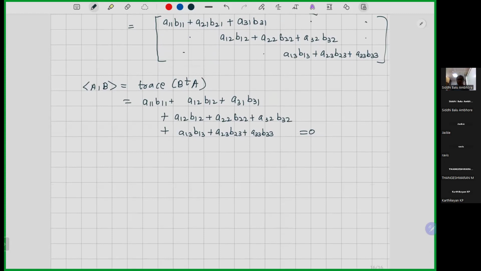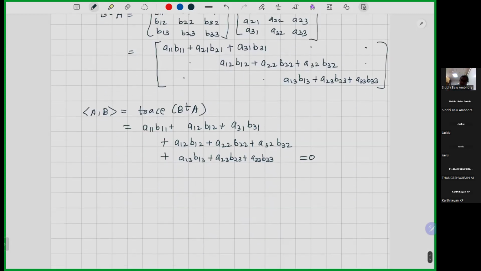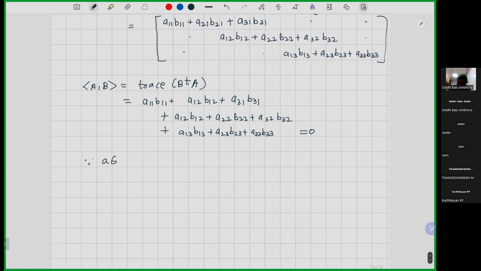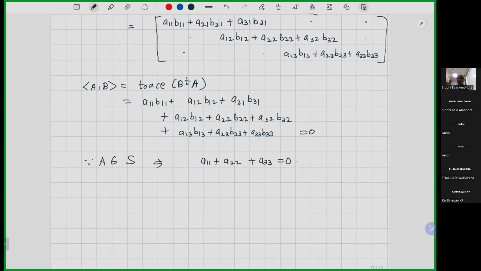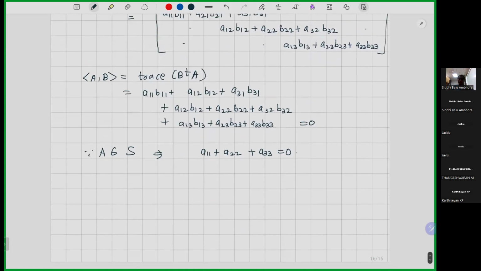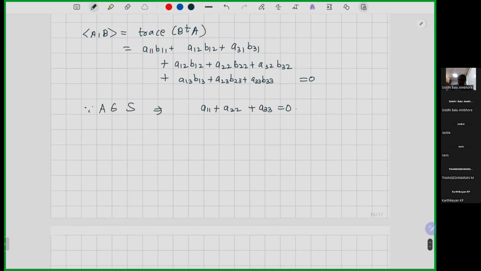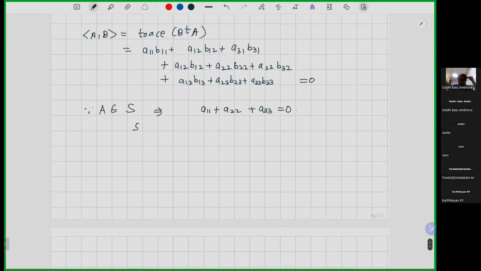Okay, I want this to be 0, but note that since A belongs to S, this implies A11 plus A22 plus A33 is equal to 0. S is the set of all elements where the diagonal is 0. Addition of diagonal elements, that is the trace, is 0.